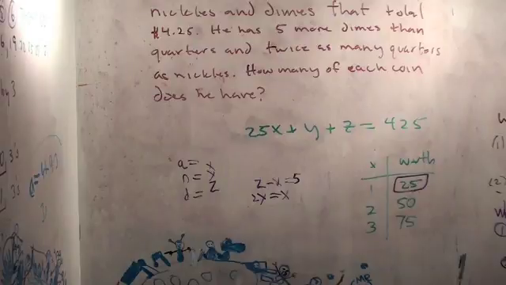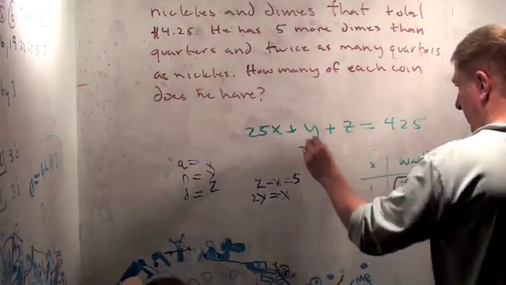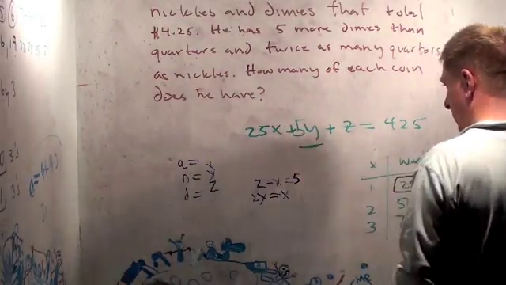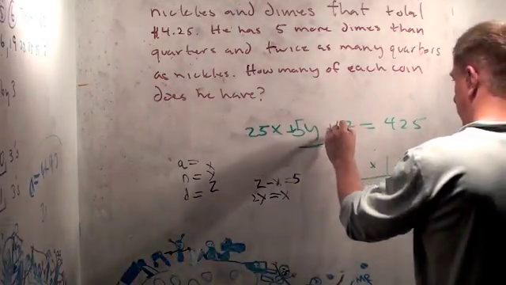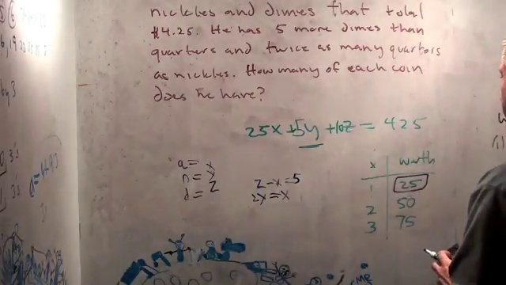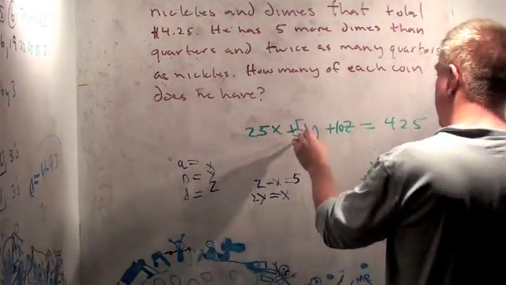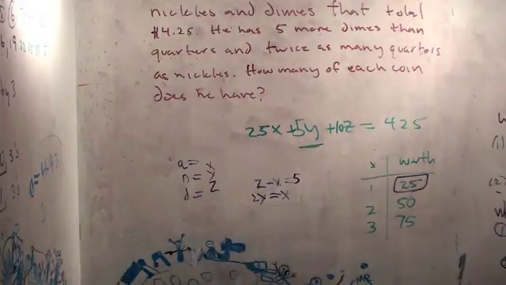Y is the nickels, so 5Y, and plus 10Z. So our equation isn't X plus Y plus Z equals 425. It's 25X plus 5Y plus 10Z equals 425.